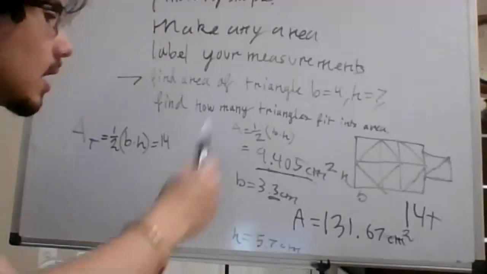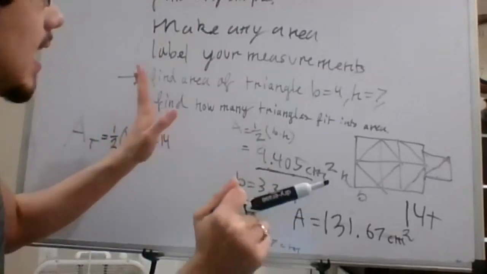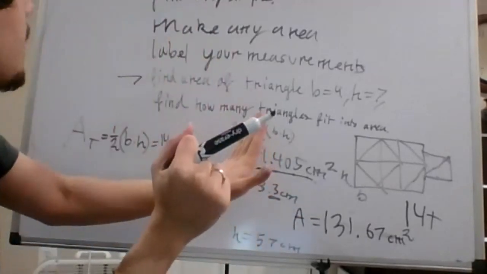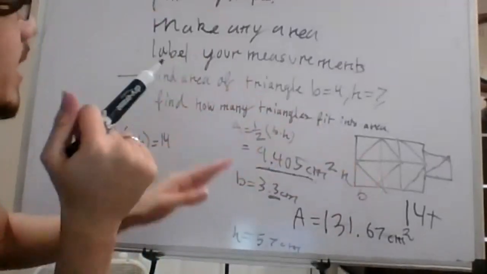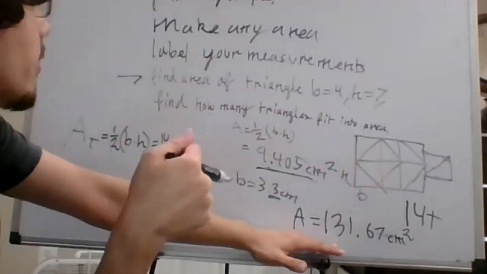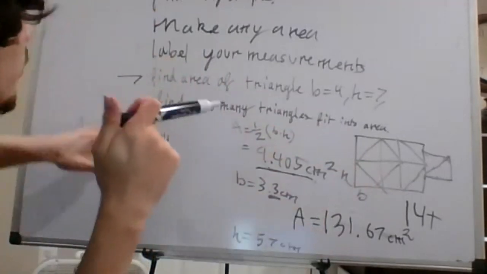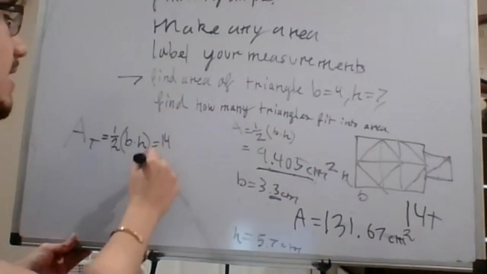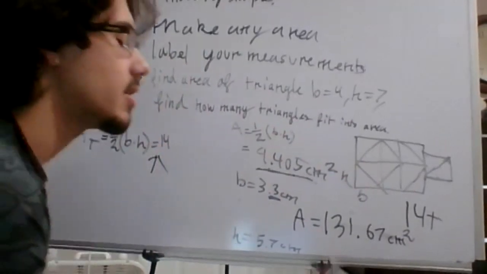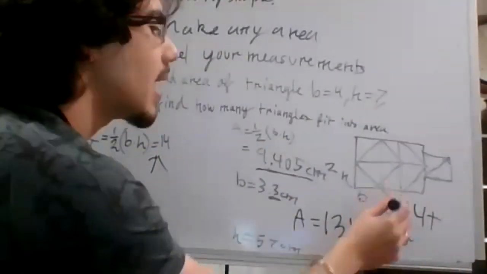Miss Ariel. So now that we have pretty much everything, we labeled our measurements for our model, and we said what our area is in total. Now we just need to find out how many of these triangles we need to build this model.